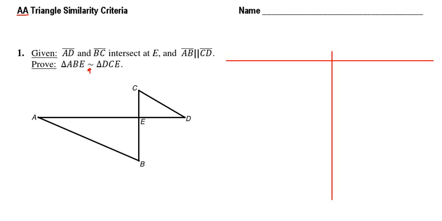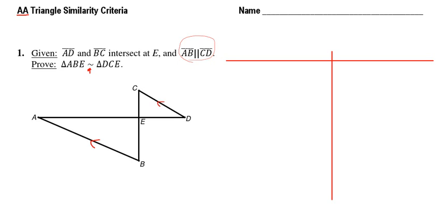Let's say, Daniela, what do we know? What can we mark here on the diagram? Yes. Okay, I hope you did not forget how to mark. We mark parallel lines with arrows.